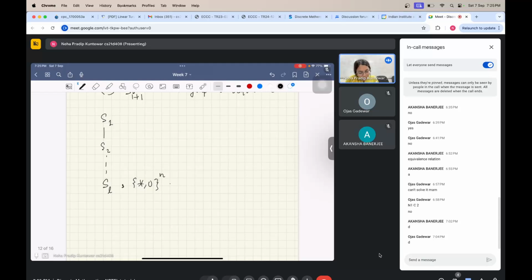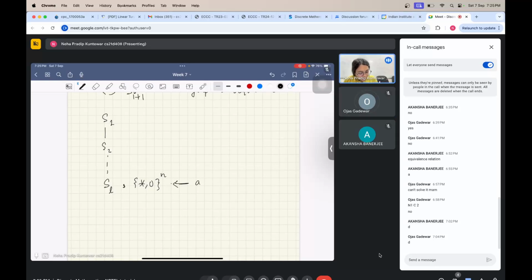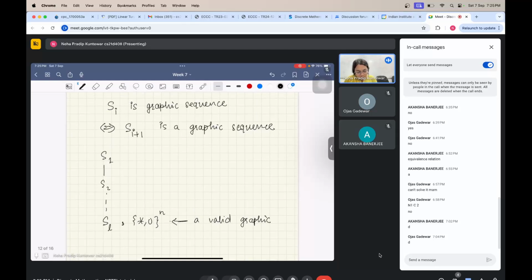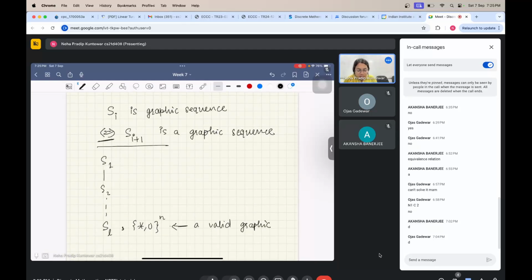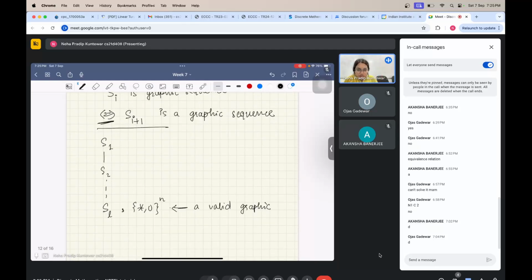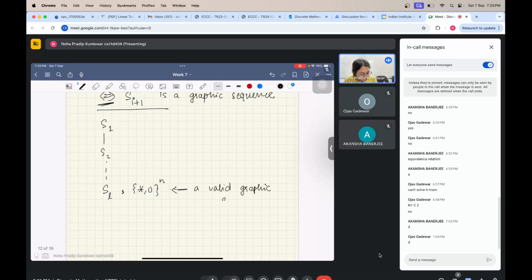If this happens, then what do you know about sl? Then sl is a valid graphic sequence. So which direction of this if and only if are we using, if sl is a valid graphic sequence? Are we using the forward direction or the backward direction?